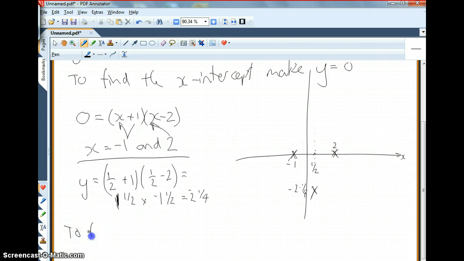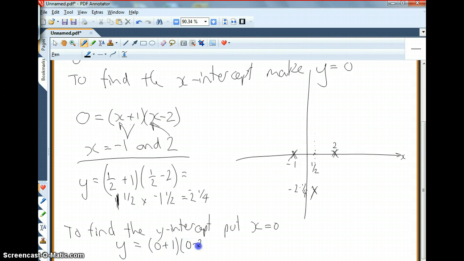To find the y-intercept, put x equal to 0 this time. Here's the equation. Bracket 0 plus 1, close bracket 0 minus 2. What's 1 times minus 2? Negative 2. That is where it cuts the y-axis, and if you look here on the graph, there's negative 2.